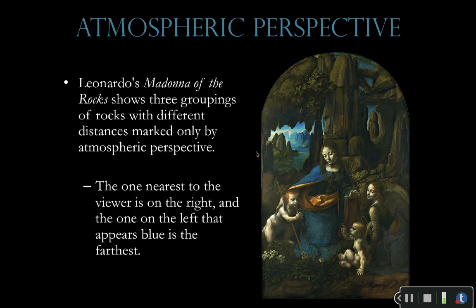So this is one of Leonardo da Vinci's most important pieces, Madonna of the Rocks. Here you see three groups of rocks with differing distances, marked only by atmospheric perspective. If you see here, the rocks in the foreground are very clear, they're brown in color, and they seem to kind of pop out at us. And then here behind the figures, we've got more rocks that are a little bit more distant.